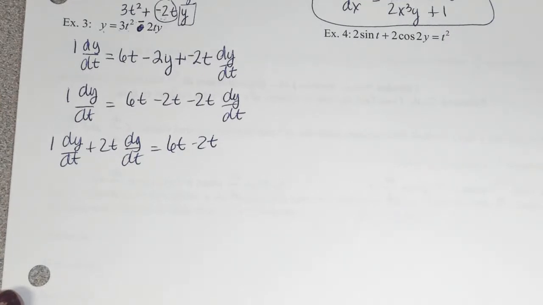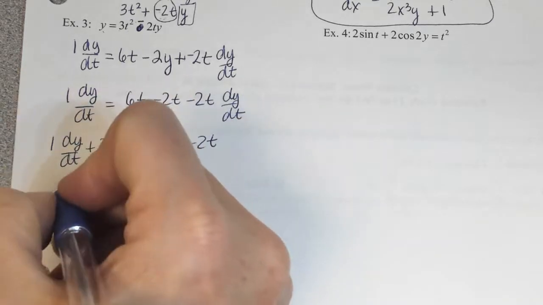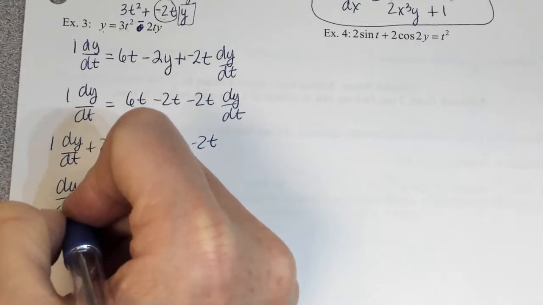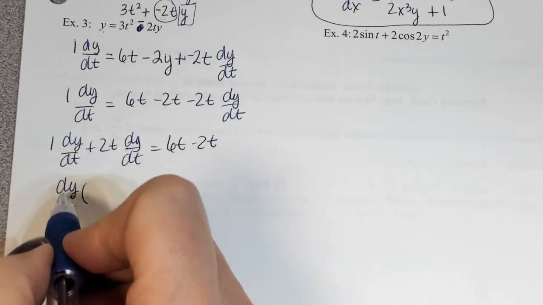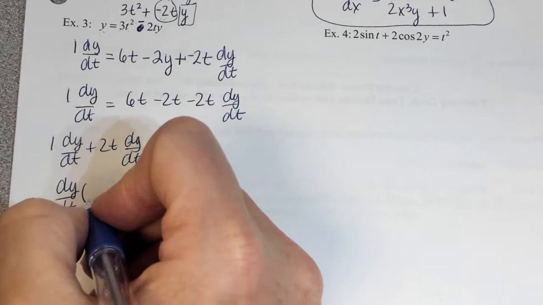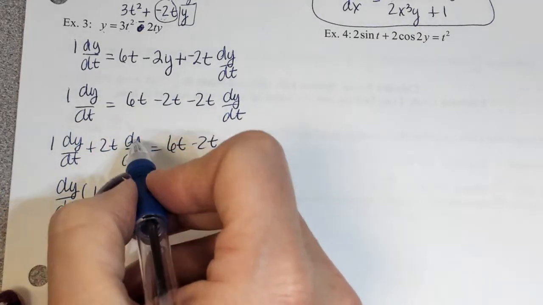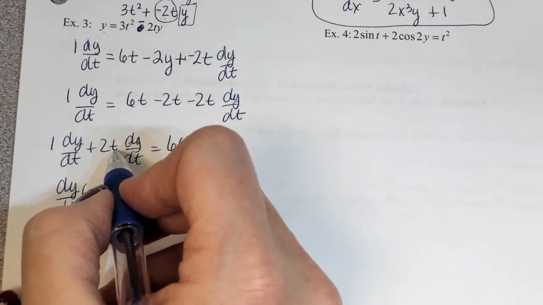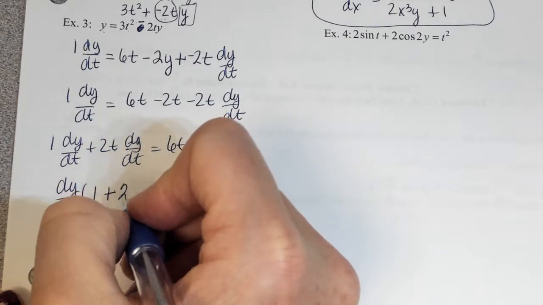What now? Take out a dy dt. When I do that, 1 dy dt divided by dy dt, that's 1. Dy dt with 2t, if I divide that out, that's 2t.